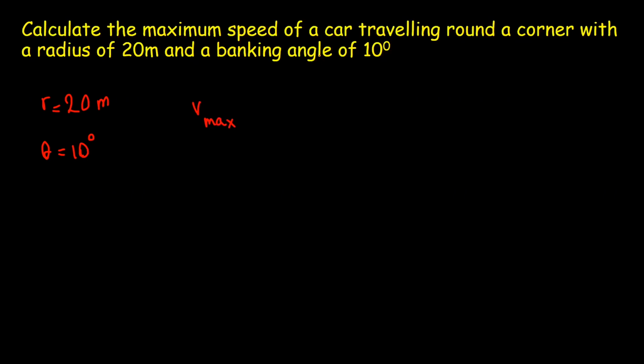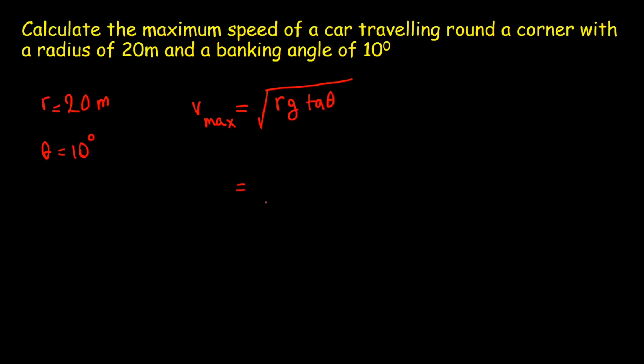The question hasn't said anything about friction, so it means it's a road without any friction. So the only force that acts as our centripetal force is the x component of the normal reaction. We proved the formula for V max, and it's equal to the square root of r g tan theta.